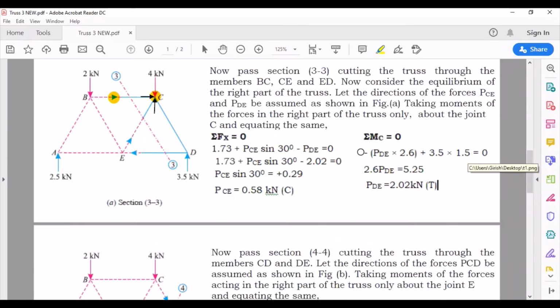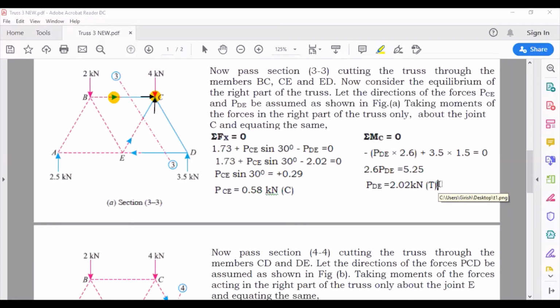If you rearrange the terms in this equation, you get 2.6 P_DE equal to 5.25 kilonewton. Thereby, P_DE is 2.02 kilonewton. Since the direction is moving away from the joint, the nature is tensile.